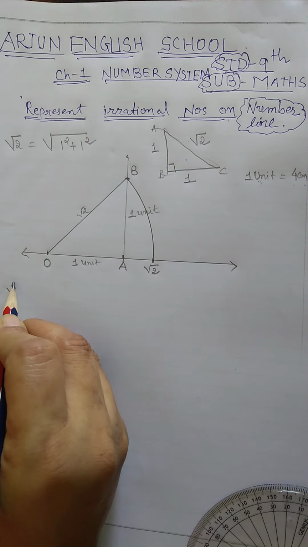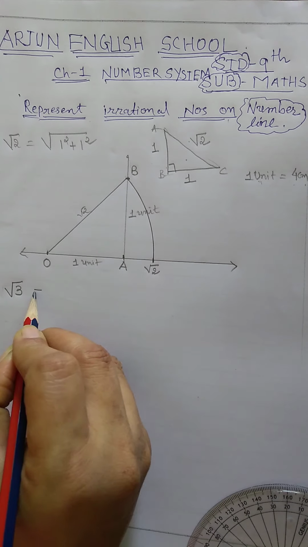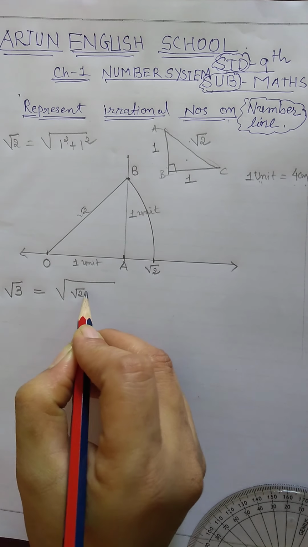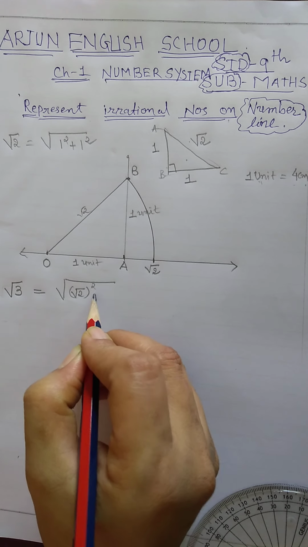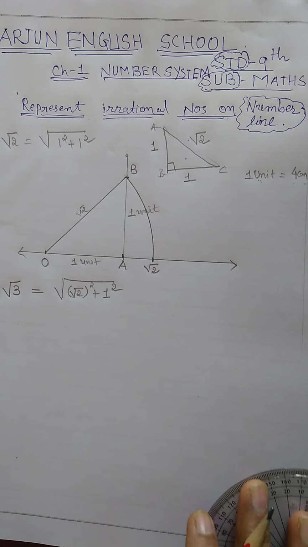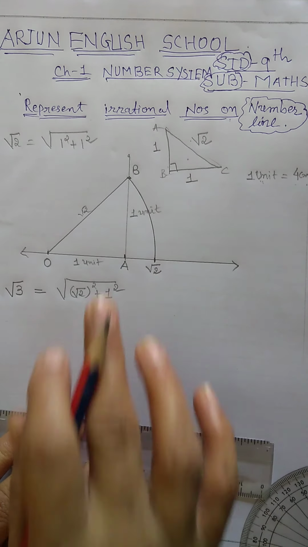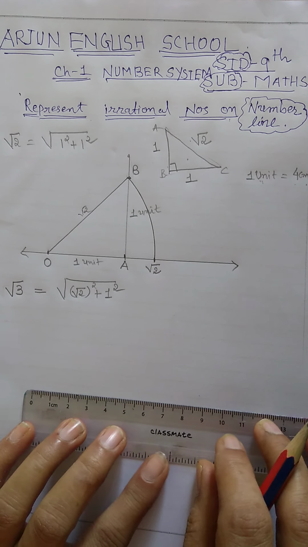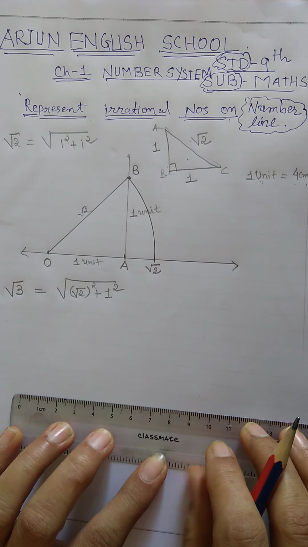Now for root 3. Root 3 we can write using the Pythagoras theorem like this: root of root 2 square plus 1 square. So again we need to draw the same construction, but from that we will draw root 3.